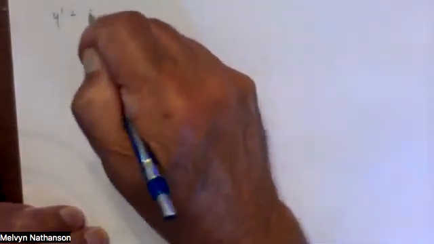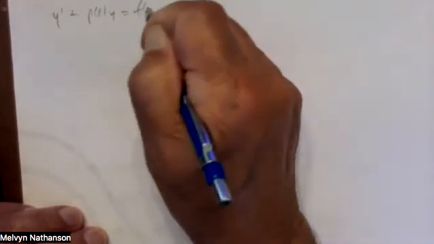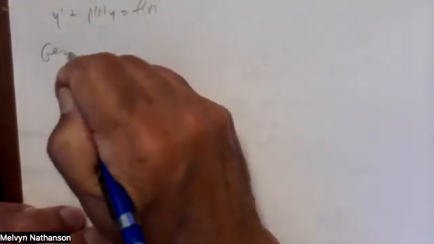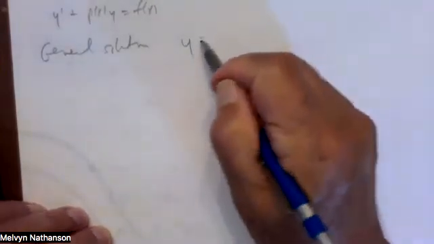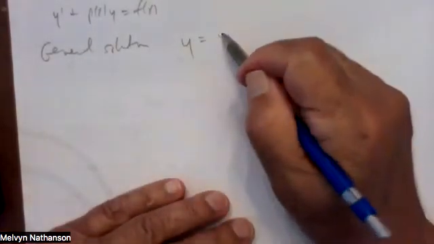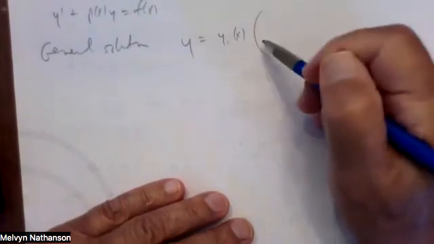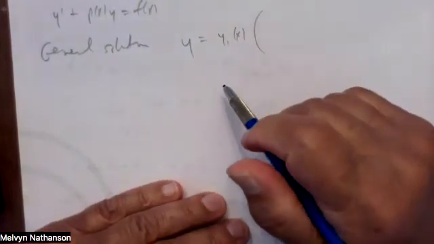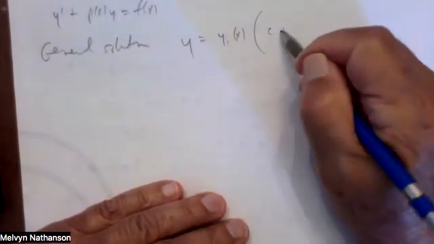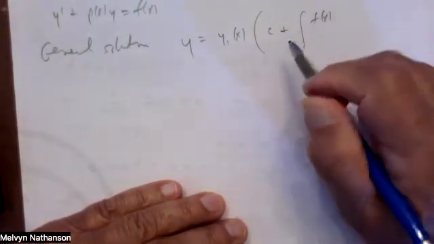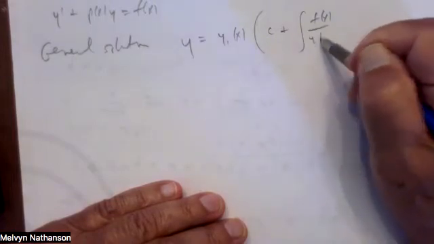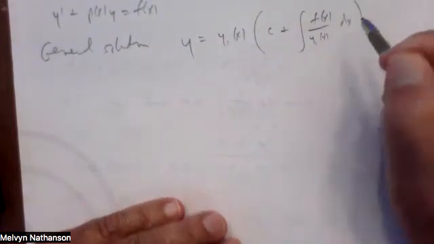So if you have y prime plus p of x y equal f of x, the general solution is y equals a solution of the complementary equation times an arbitrary constant c, plus the integral of f of x over y1 of x dx.